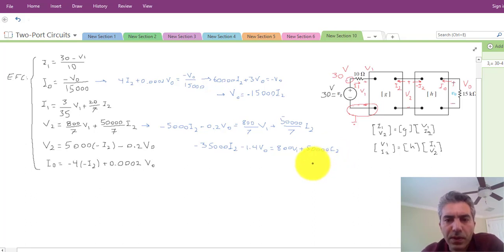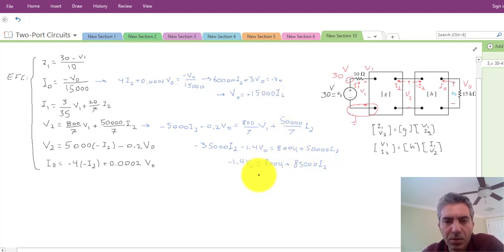Now I'm going to move things around, move this to the other side. So minus 1.4 V out is equal to 800 V1 plus 85,000 I2. Now I can actually replace that with this equation.